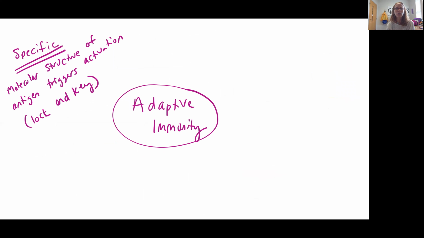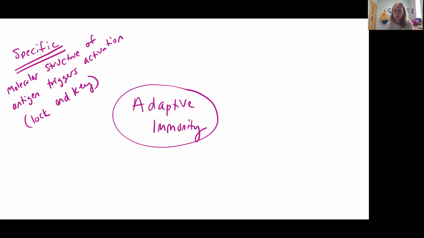Okay, as we talk about adaptive immunity, we have 4 important characteristics that we need to know. So the first is that it's very specific. The molecular structure of the antigen is what's triggering activation. So that means the lymphocyte has to be able to actually see that antigen, recognize and bind to the antigen.